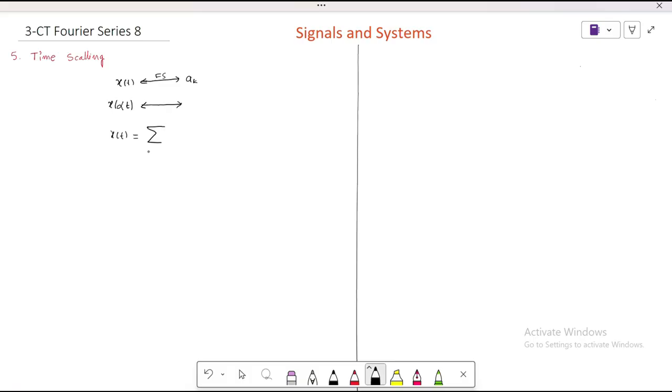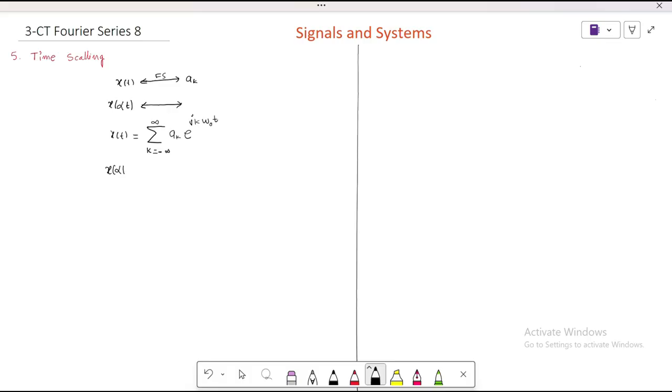That is the Fourier series representation: x of t equals the sum over k from minus infinity to infinity of ak e power jk omega naught t. Now apply the scaling, replacing t with alpha t.